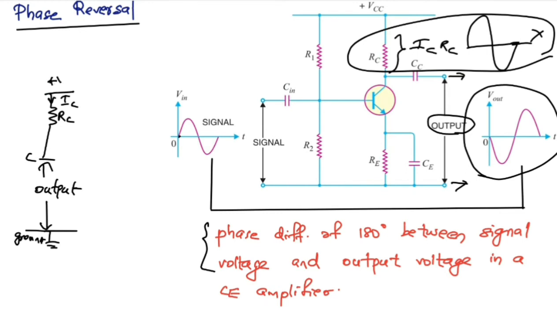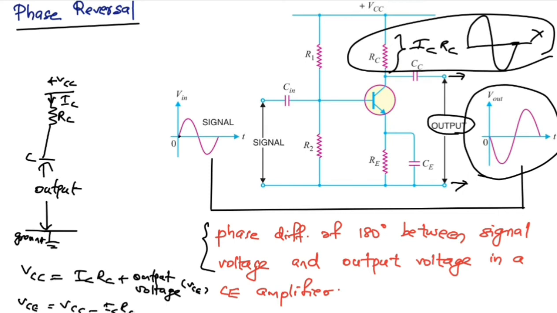This is plus VCC. So applying Kirchhoff's voltage law, VCC is equal to ICRC plus the output voltage. So the total instantaneous output voltage is denoted as VCE. So VCE is equal to VCC minus ICRC.